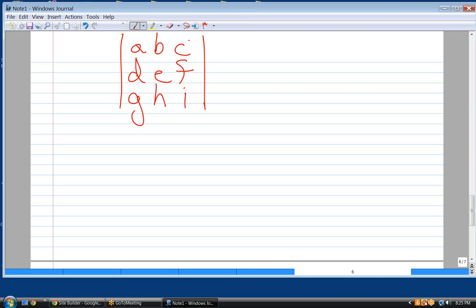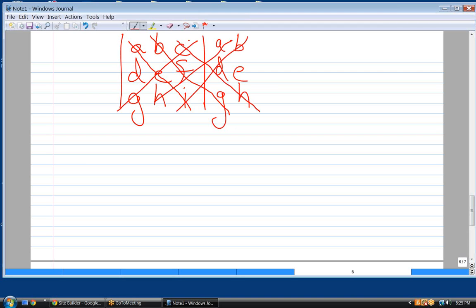Right. But finding it by hand, you put 2 dummy columns in that duplicate your first 2 columns. The determinant of the matrix is the product of those 3 plus the product of those 3 plus the product of those 3 minus the product of those 3, plus those 3, plus those 3.